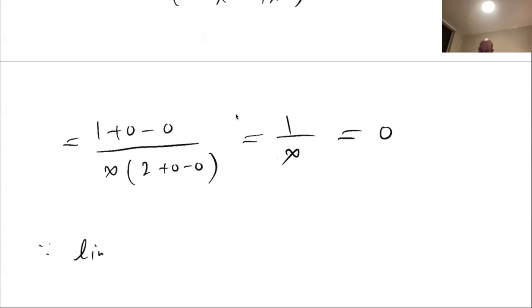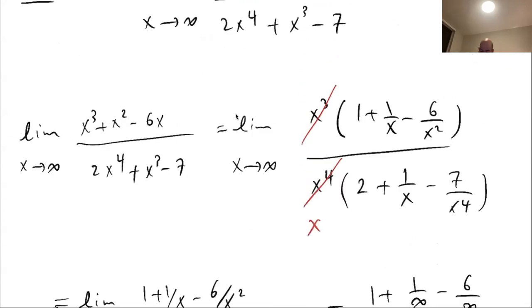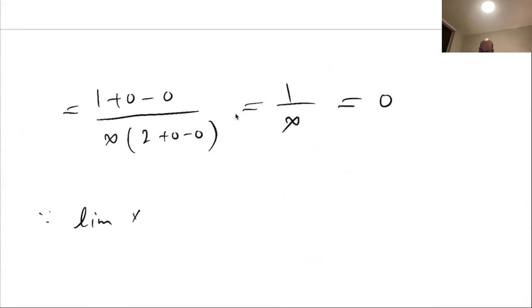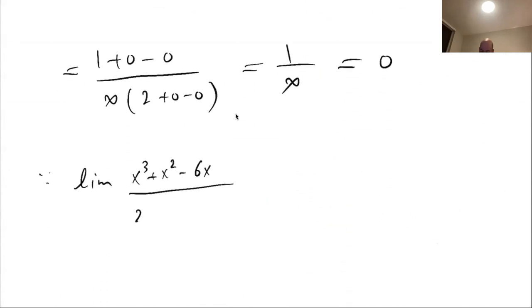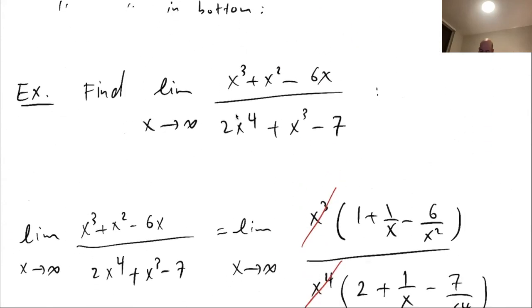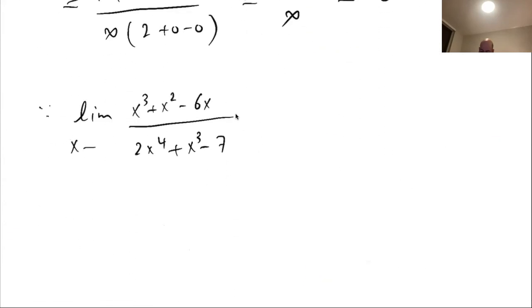So we concluded that the limit of this function, x cubed plus x squared minus 6x divided by 2x to the power 4 plus x cubed minus 7, as x goes to infinity is 0, and therefore we can say that y equals 0 is the horizontal asymptote of this function.